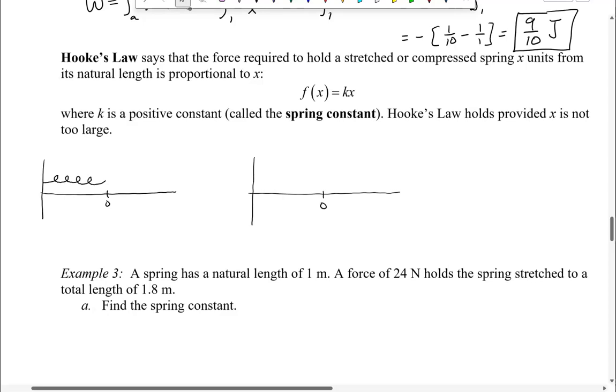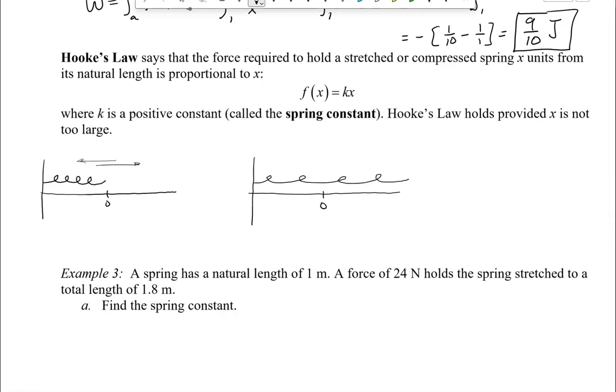That's where the spring is, that's how it looks. And then we can either compress the spring by pushing it that way, or elongate the spring, stretch the spring by pulling it that way. So maybe that same spring, when it's elongated, ends up going all the way out to here.